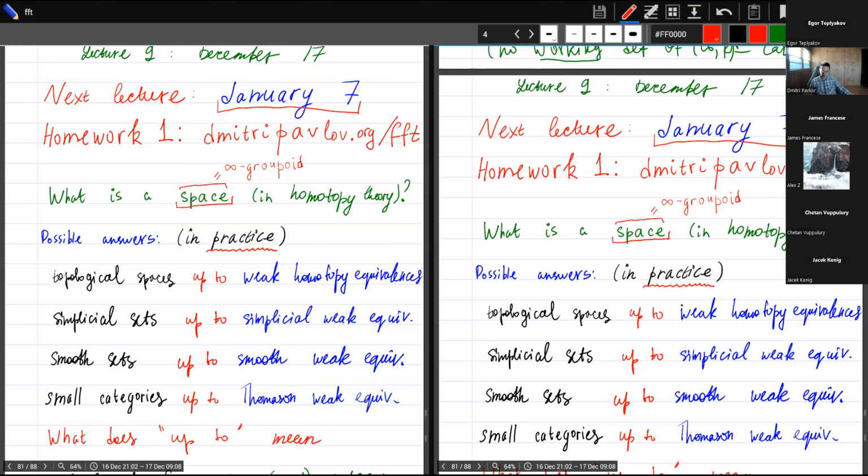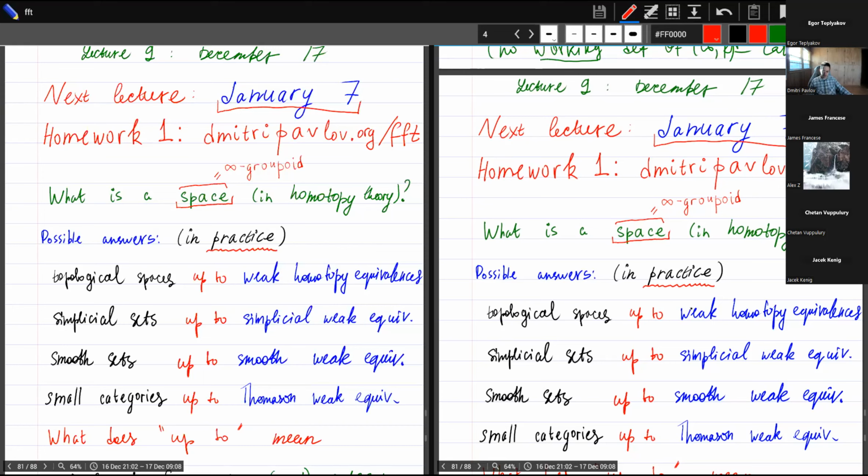Do you mean there that you establish an equivalence between spaces and infinity groupoids, the stable homotopy hypothesis? Yes, so not stable. We are not talking about spectra here, but in principle, some of those models could be more naturally interpreted as infinity groupoids. Maybe simplicial sets could be interpreted in this manner.